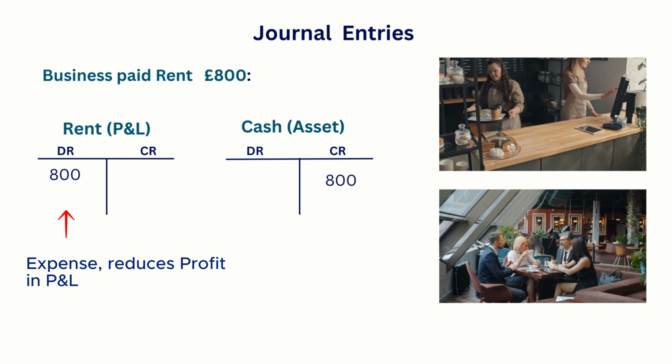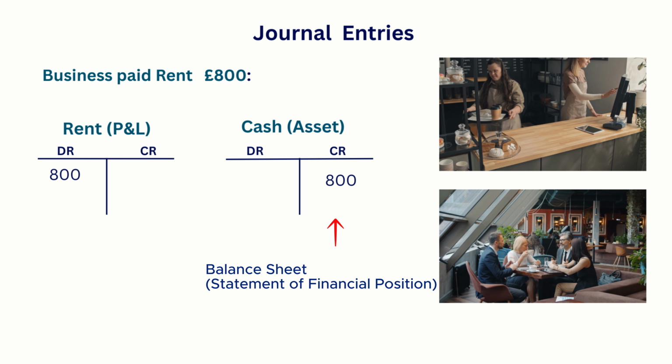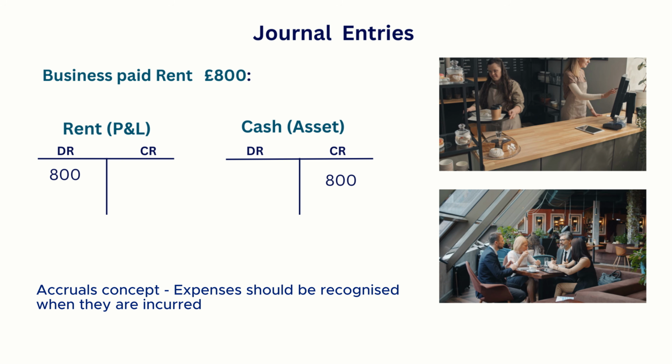Rent is an expense, so it reduces profit by £800 in the profit or loss account. Cash is an asset. It decreases by £800 in the statement of financial position. This follows the matching accruals concept. Expenses should be recognised when they are incurred, in the same accounting period as the revenue they help generate.